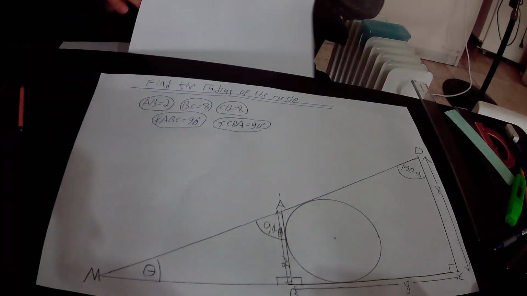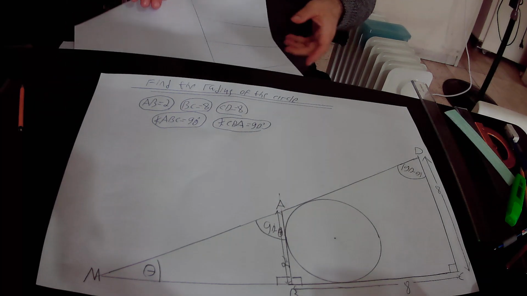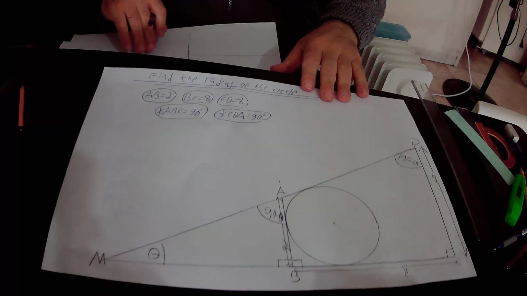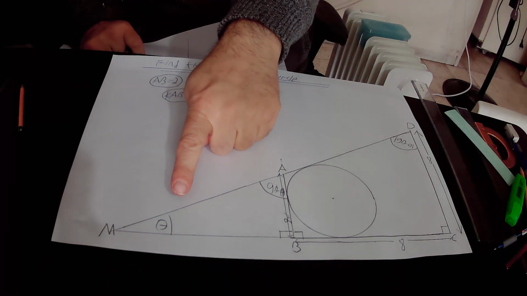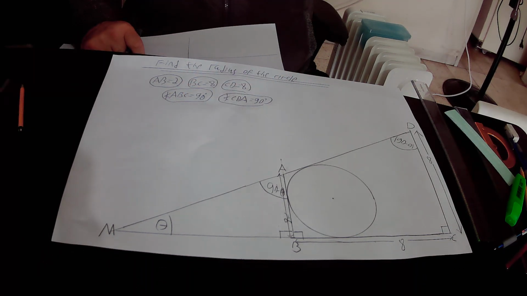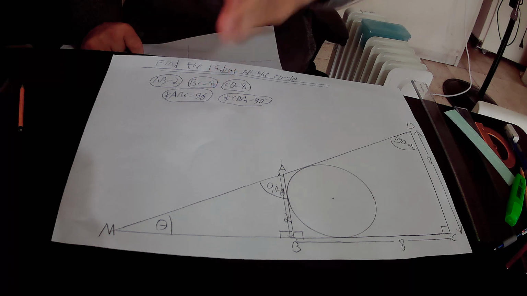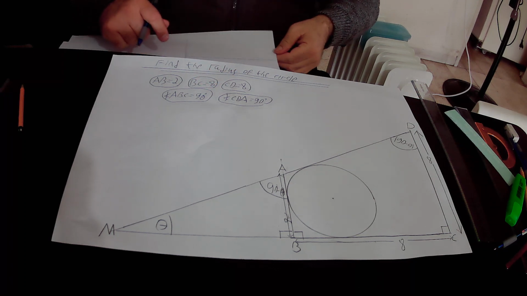In addition, this is angle theta. It is a common angle that belongs to both triangles. So we can write that angle theta equals itself as a common angle that belongs to both triangles.